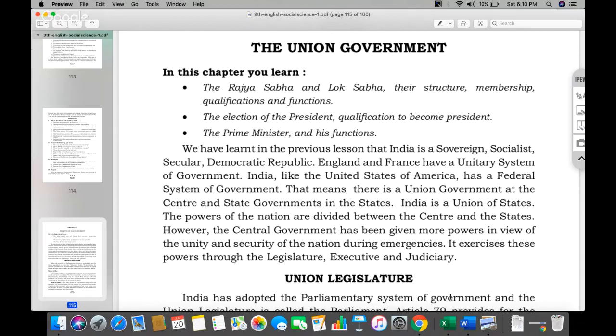We will study about different houses of parliament. Then we will study what are the different powers and functions of parliament. Then we will go to the president, similarly powers and functions of the president, and then we will go to the prime minister.